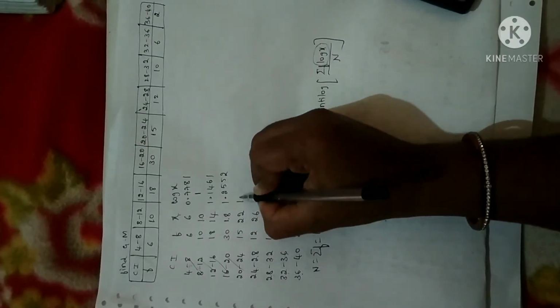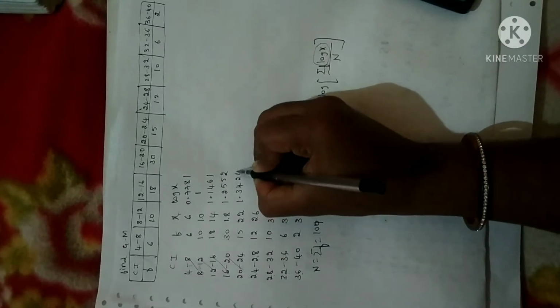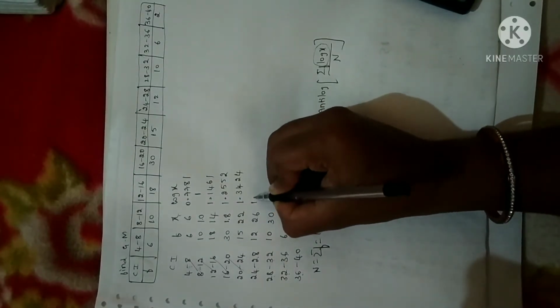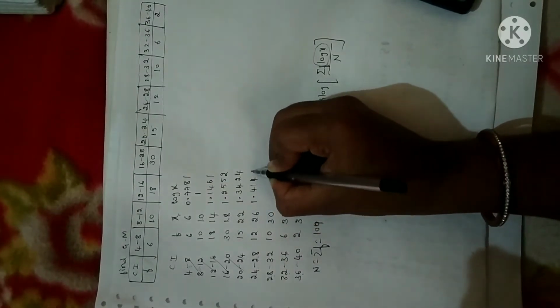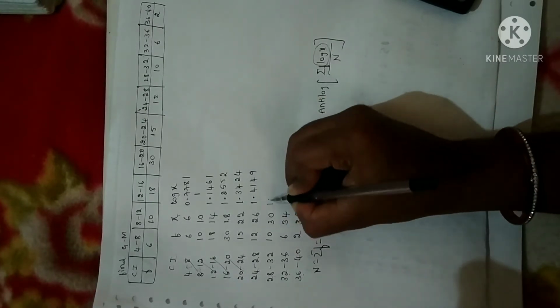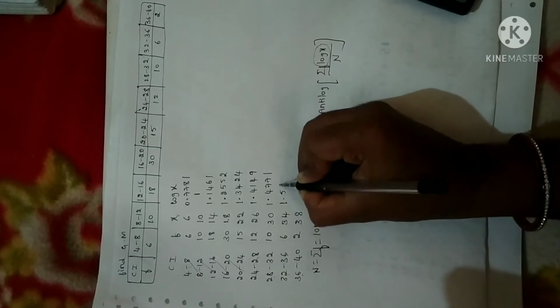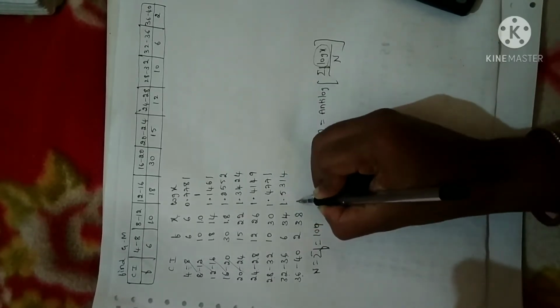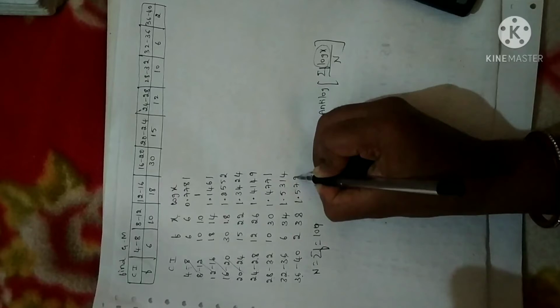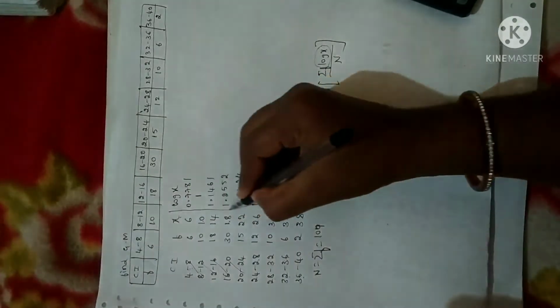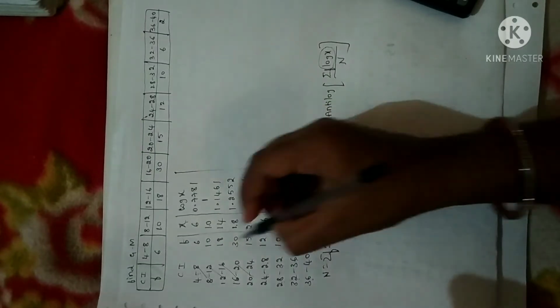Log 22, 1.3424. Log 26, 1.4149. Log 30, 1.4771. Log 34, 1.5314. Log 38, 1.5797. So I have obtained the x values, and I have calculated log of the x values.